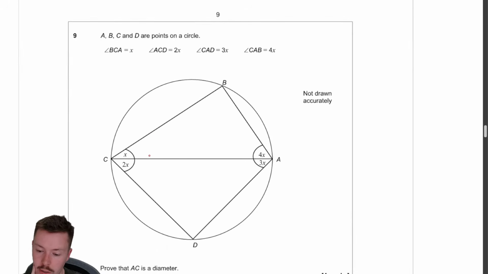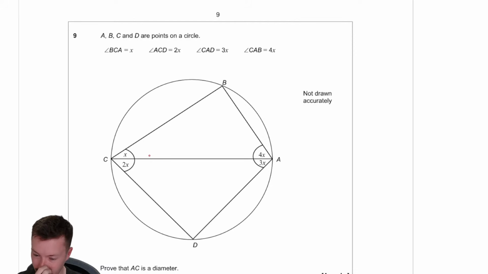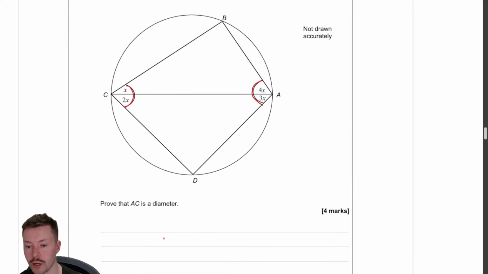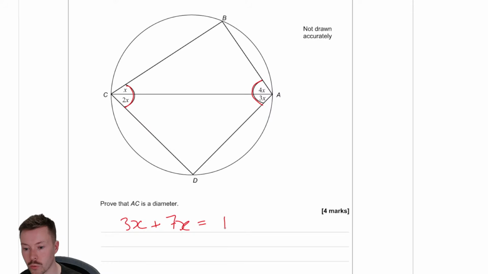Okay, this one's quite nice. If AC is the diameter, then we'll have a right angle in this. But what we also know is that we've got a quadrilateral here, and these opposite angles in a cyclic quadrilateral add to 180 degrees. So 3x add 4x add 3x is 7x equals 180. So we get 10x is equal to 180.